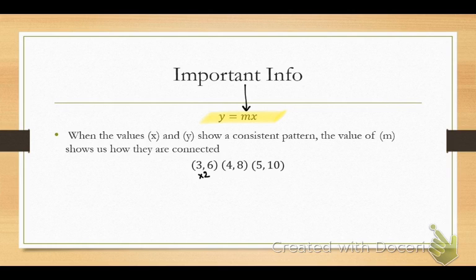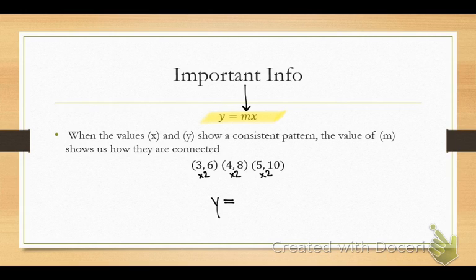That's what I'm trying to get to. Is the relationship in this linear equation or in this set of ordered pairs proportional? Is it or not? So is it true that 4 times 2 is 8? Okay, that's correct. And is it true that 5 times 2 is 10? Yes, that's correct. Because I could verify that I'm doing the same operation to all three of these ordered pairs, I can now conclude that the equation y equals, what did I do to x?